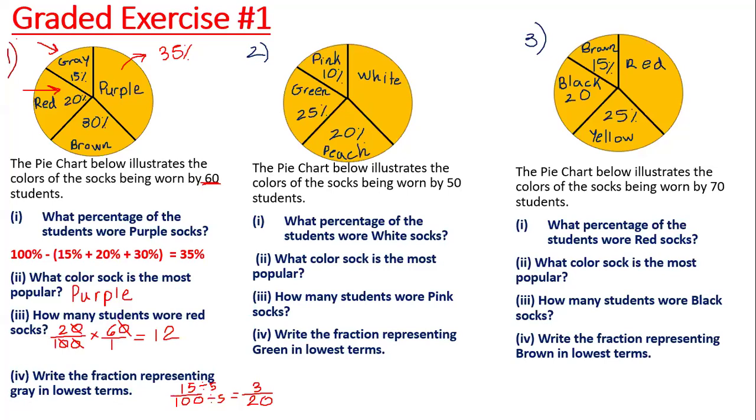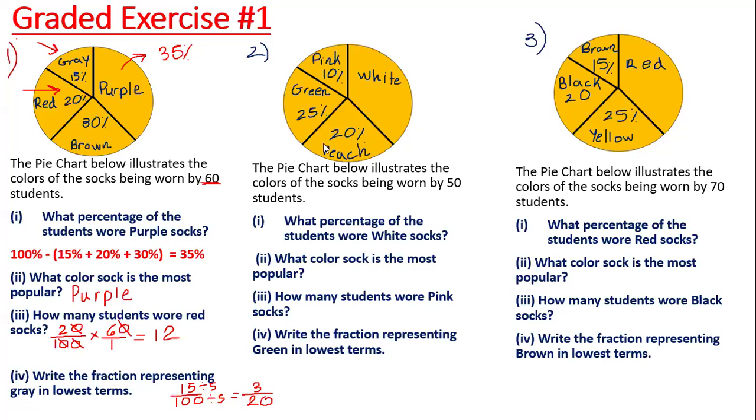Then we divide top and bottom by 5. 15 divided by 5 is 3. 100 divided by 5 is 20. That makes sense to you? Yes, sir. Okay, good.